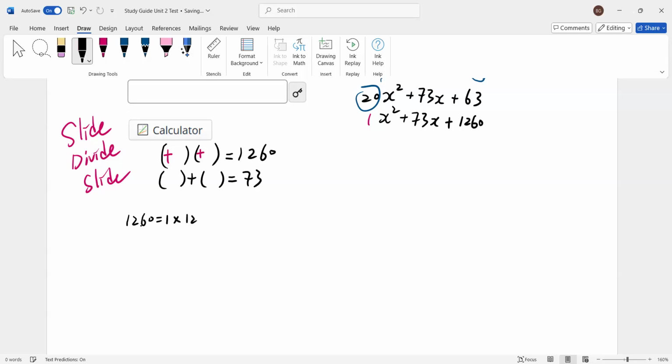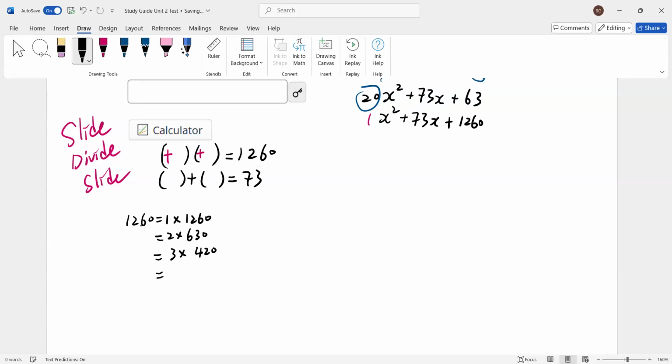We start from 1, then 2. If we get a 2, we have 630. If we get a 3, it's going to be 420. You can try a calculator.